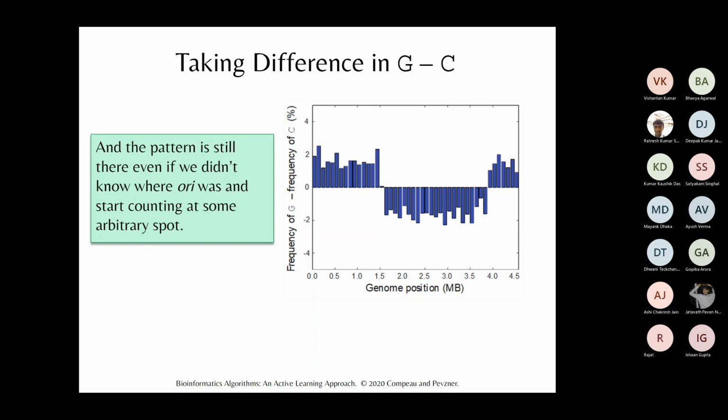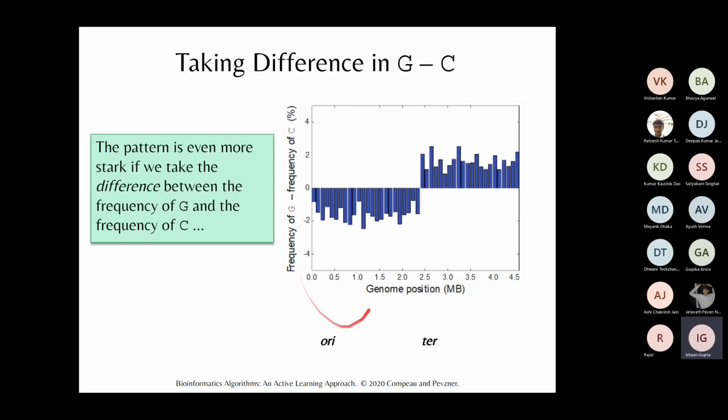If you look at this pattern, the place where the G and C frequency changes dramatically is where you have either your origin of replication or the termination, where the replication terminates. All right.